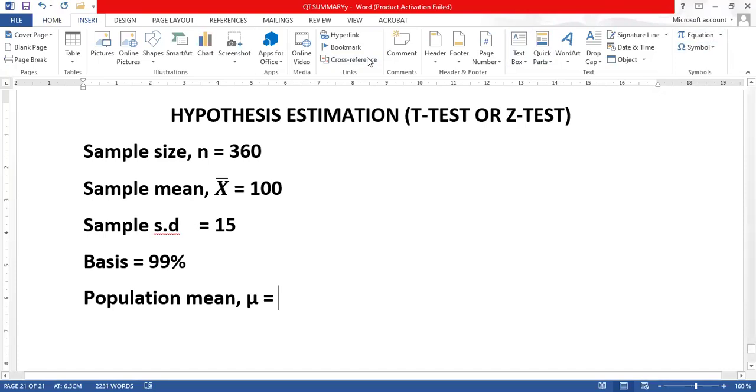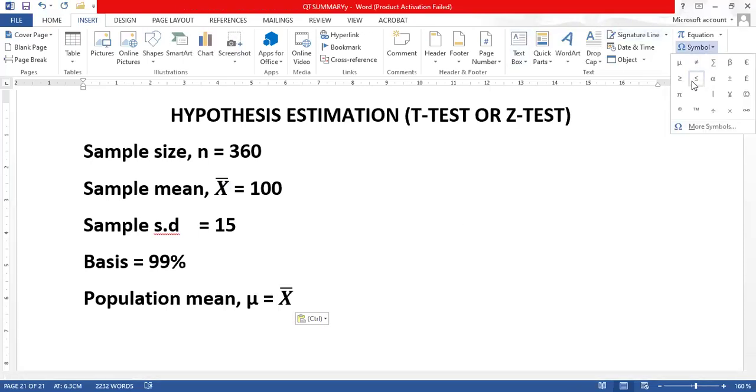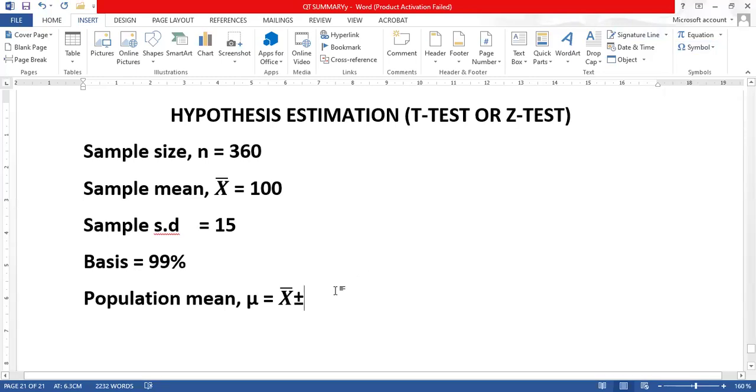Now, we are looking for the interval. So when you're looking for the interval, it will be the sample mean minus or plus Z, the value from the table.